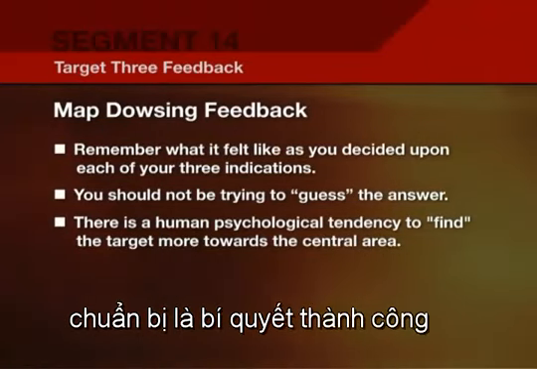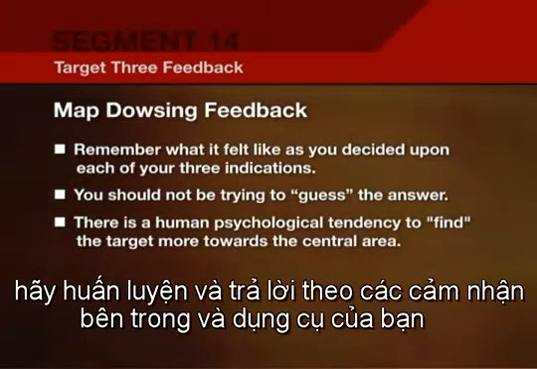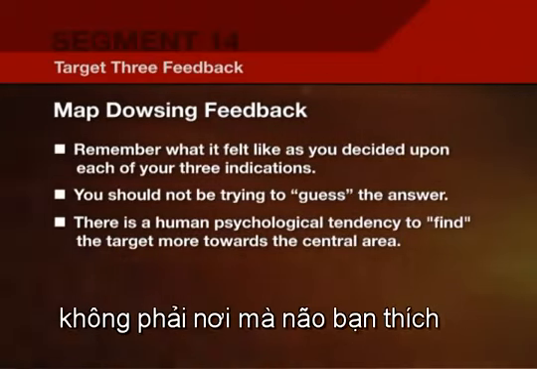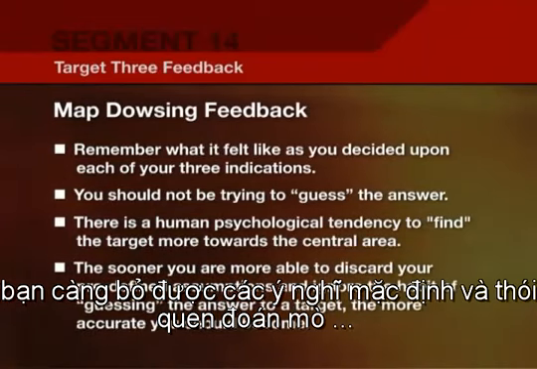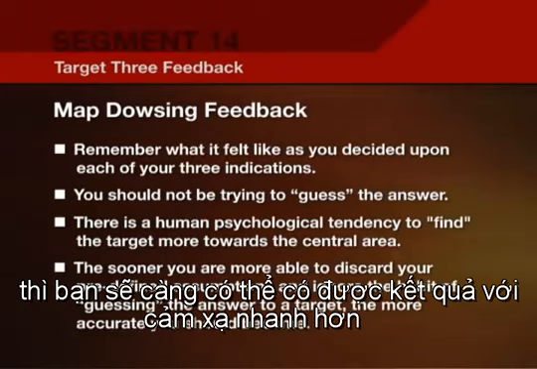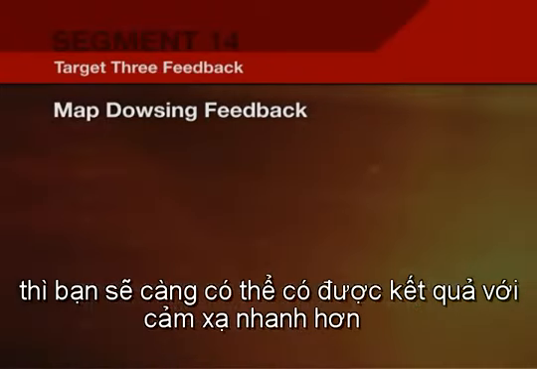Forewarned is forearmed. Train yourself to go where your instruments and inner impressions indicate, not where your brain tells you to go. The sooner you are more able to discard your predefined assumptions and ignore the habit of guessing the answer to a target, the more accurate you should become.